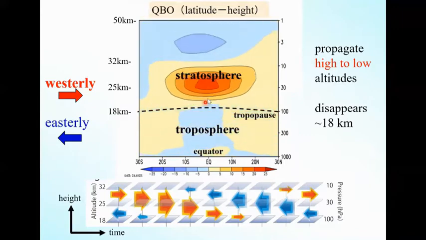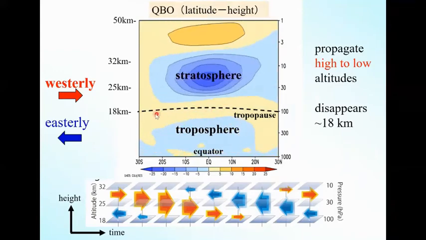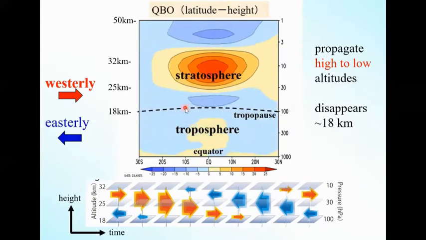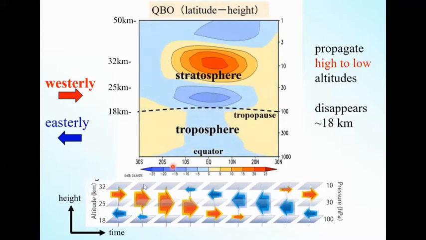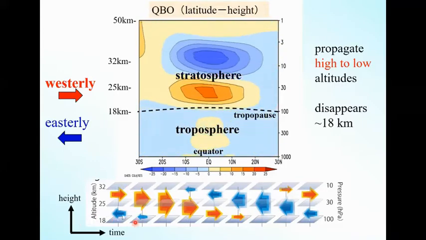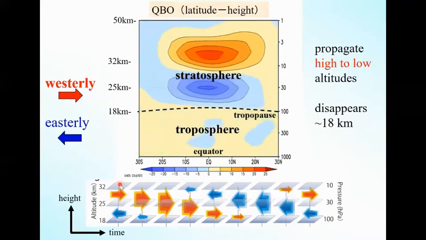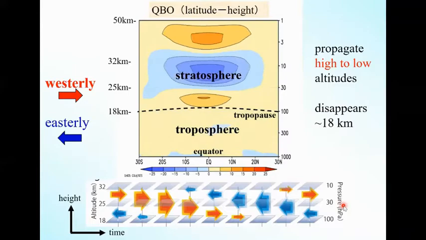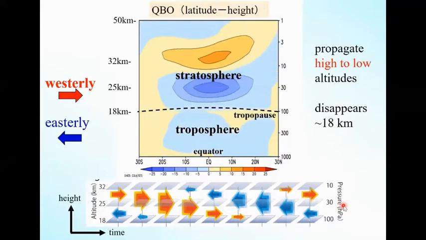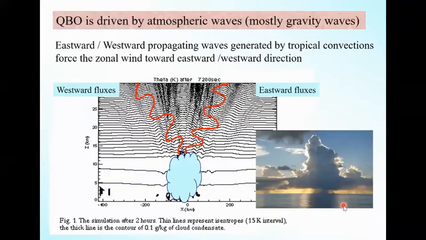This is the QBO, and it appears down to around the tropopause at around 18 kilometers. If we plot the time-height cross-section, you can see such a clear downward propagating phenomenon. This is the QBO.